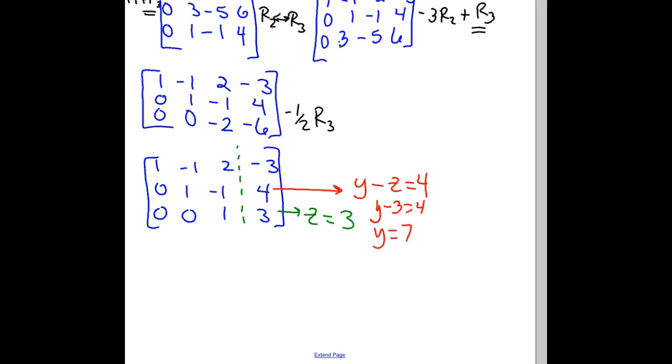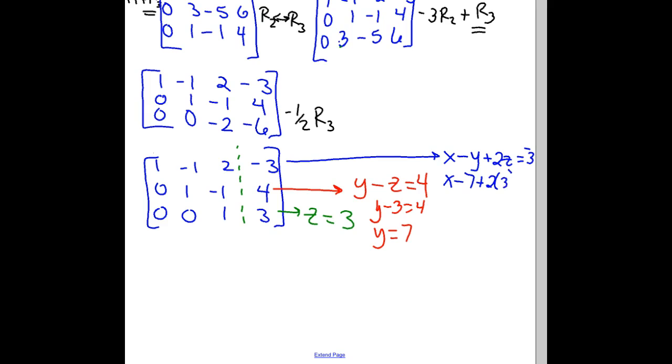All right. Taking my top equation, it says 1x minus 1y plus 2z's has to equal -3. And we know a y and a z now, so we can substitute. Our y was 7.